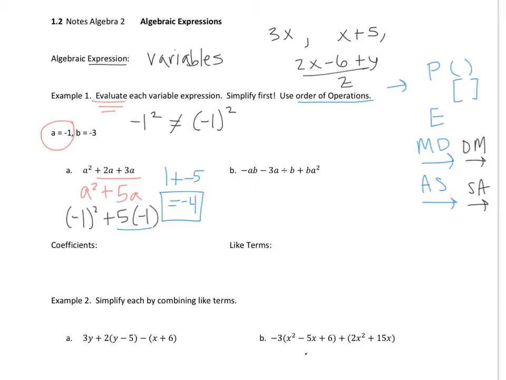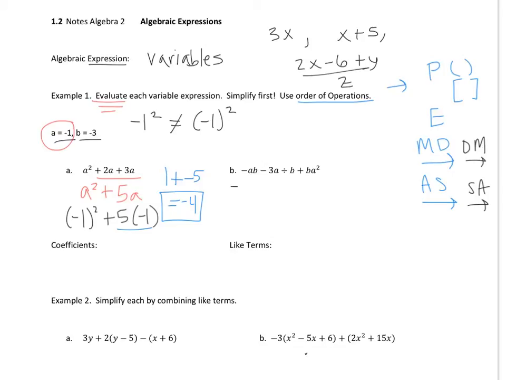And then next one, I'm going to see if I can simplify. Do I have any terms that are like? I don't. So I'm going to plug my numbers in.